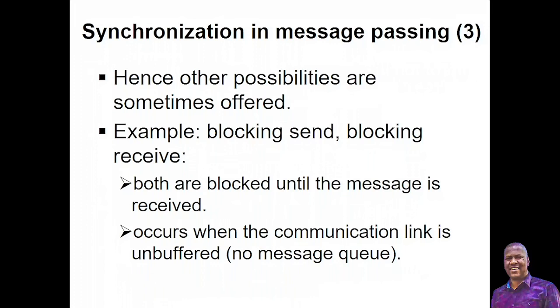Now we also have the other examples I was trying to illustrate. There are other possibilities that are normally offered. Example: blocking send, blocking receive. Both are blocked until the message is received, which occurs when the communication link is unbuffered, with no message queue.